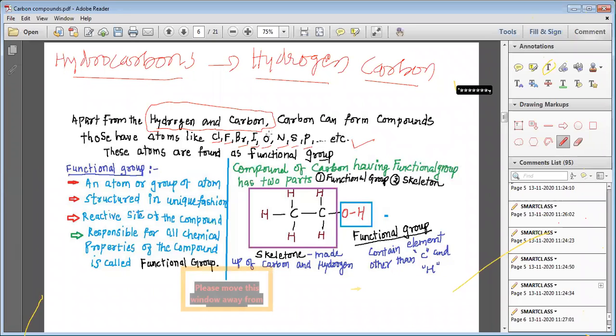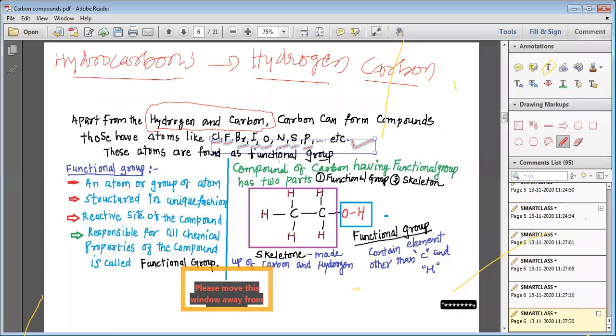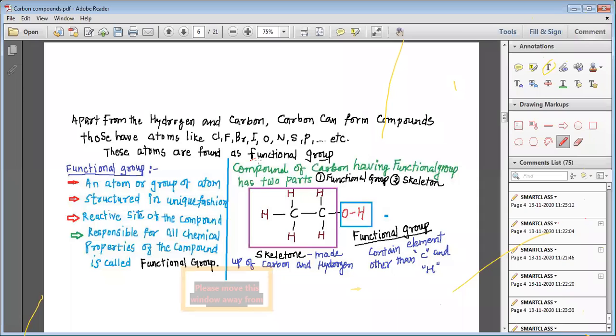They are known as halogens. Then oxygen, nitrogen, sulfur, phosphorus, and some other elements too. So this is how, my dear students, we can have various compounds formed by combining carbon with these elements. Please remember that in the compounds of carbon, these atoms are found as a functional group.